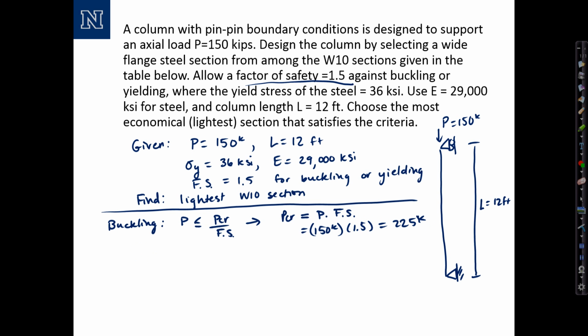I'm going to equate that to the equation for P crit, pi squared EI over L squared. I know everything but I here. I is a function of the cross section, and that's what I need to determine.